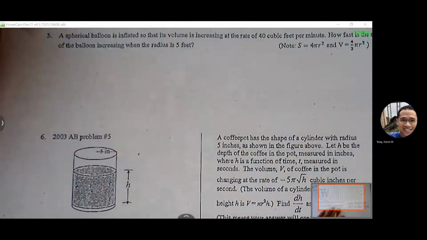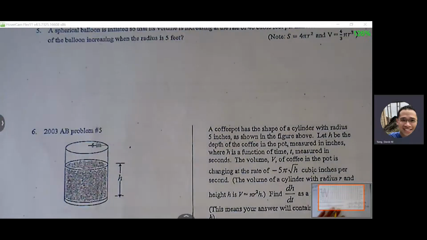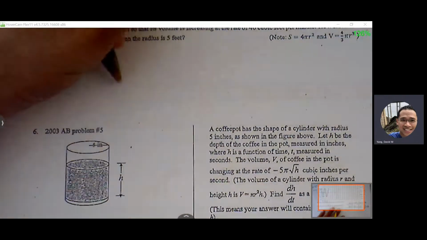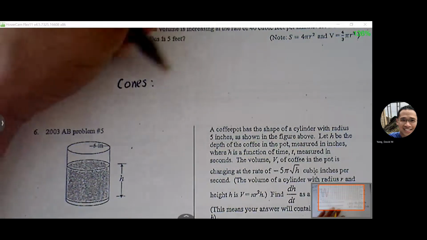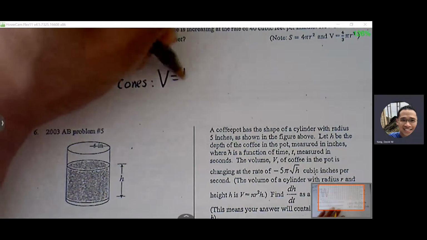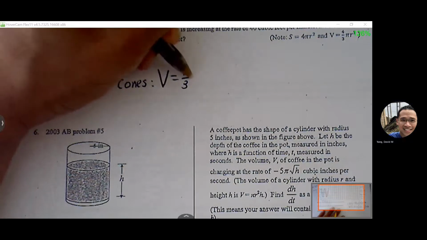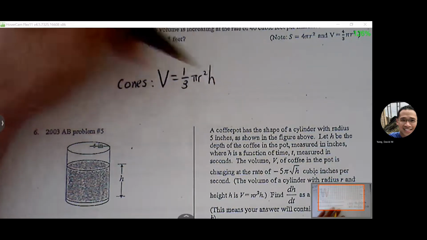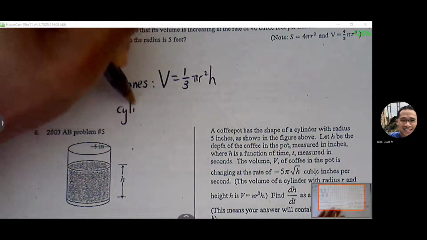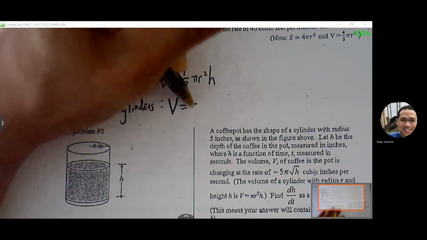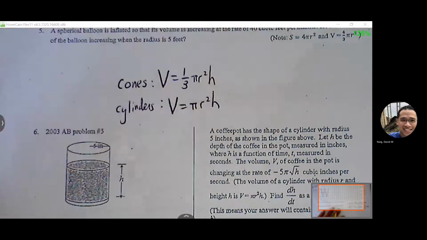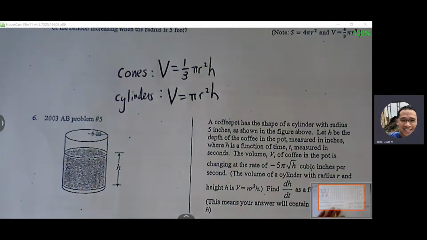Now, a lot of students, I feel, get thrown off with cones and cylinders. I think the reason is because the formulas look so similar. So I want to show the distinction there. See how similar they are? They both have pi, r squared, h.